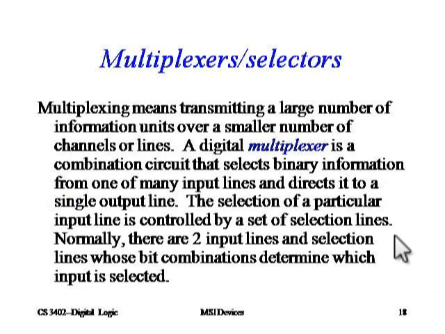So what do we mean by multiplexing? Multiplexing means transmitting a large number of information units over a small number of channels. Fine. So a digital multiplexer is a combinational circuit which selects binary information from many input lines and directs it to the single output line.